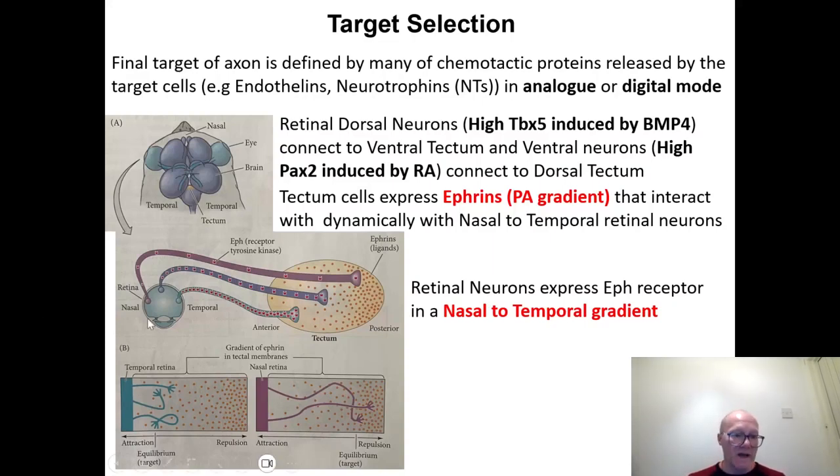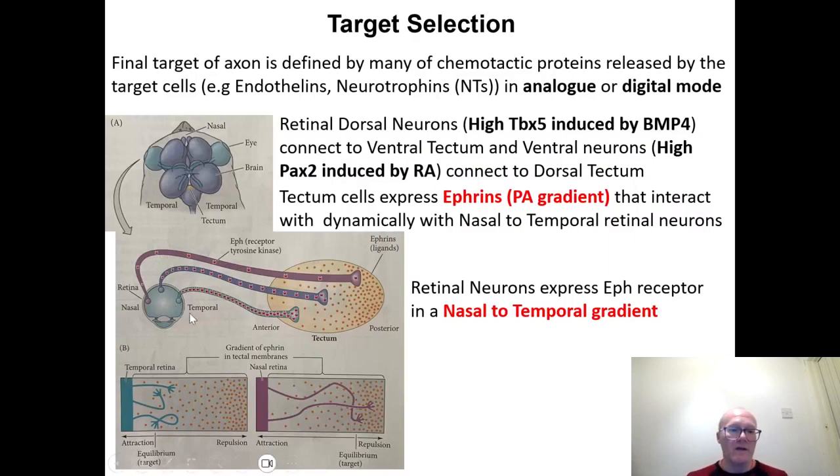For example, the nasal neurons and therefore axons express very low ephrin receptor. Because they express very low ephrin receptor, they are not very sensitive to ephrin itself, so they are not much inhibited by ephrin, and only a very high level of ephrin inhibits their growth. So they bind deep into the tectum, in the most posterior part of the tectum where there is a very high level of ephrins.